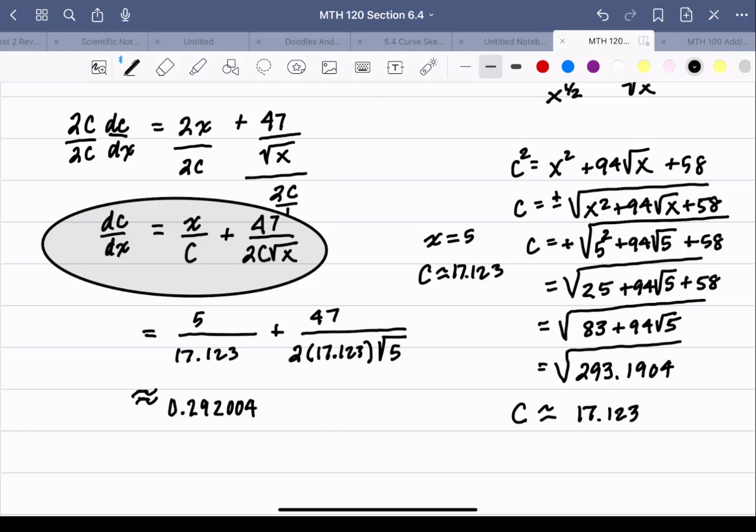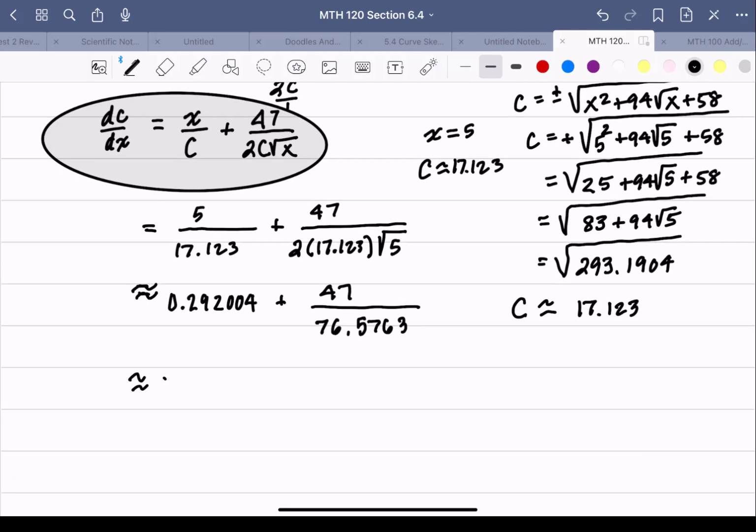And then that's going to be 47 divided by, and I'll get a value for my denominator, 2 times 17.123 times the second x squared 5. That's about 76.5763.